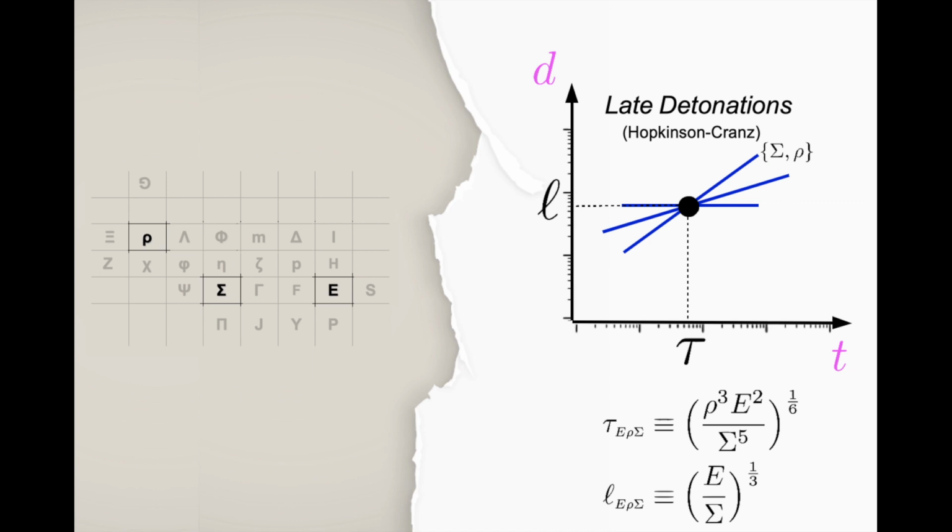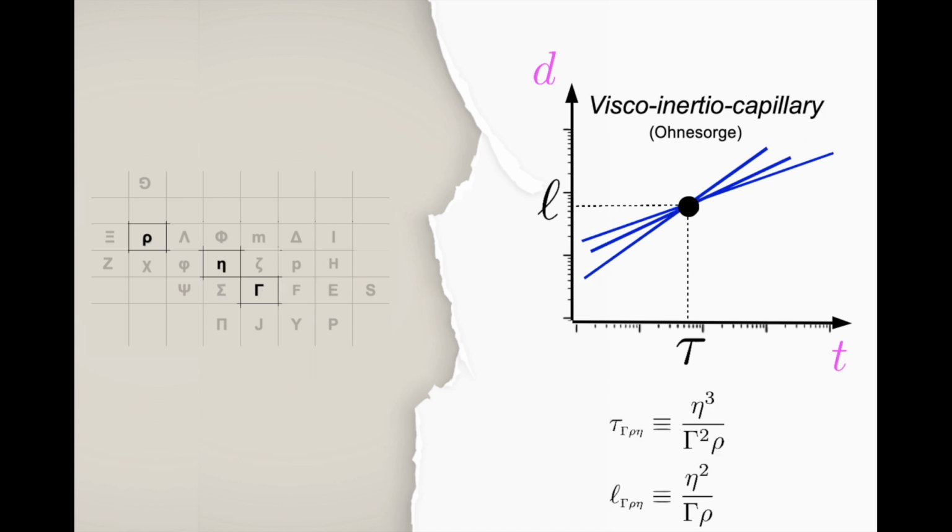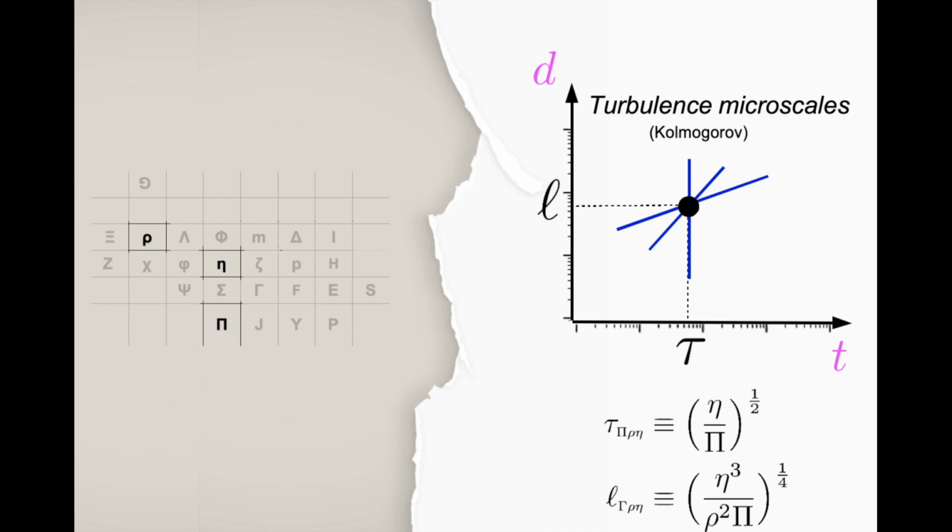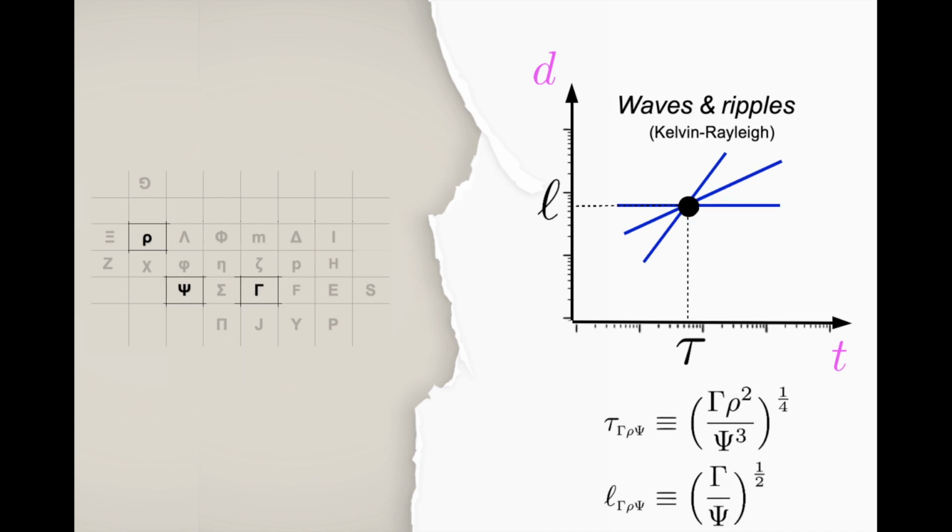In episode 9, we also saw the unsorted point at the crossroad of surface tension, density, and viscosity, useful for the study of spreading, pinching, and coalescence of bubbles and droplets. We also saw Kolmogorov's point for the microscales of turbulence, governed by density, viscosity, and power density, and the event at the crossover between waves and ripples, governed by density, surface tension, and force density.